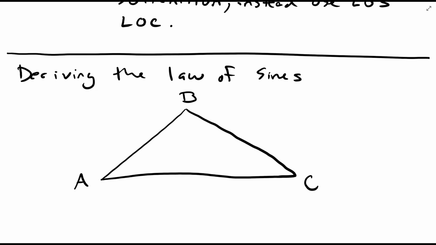But it really matters which side I label as a, b, and c. The convention is that the side opposite the vertex gets the same letter name, just the lowercase version. So if we're talking about this side over here, what letter should I name that one? Little a. And then this side would be little c, and then this one is obviously little b. Everybody's okay with that?